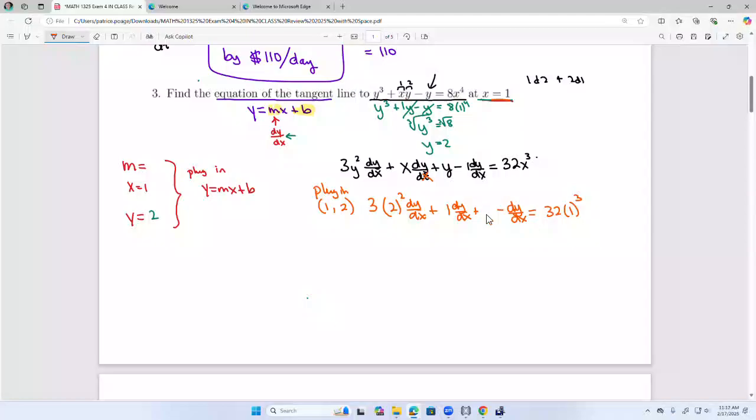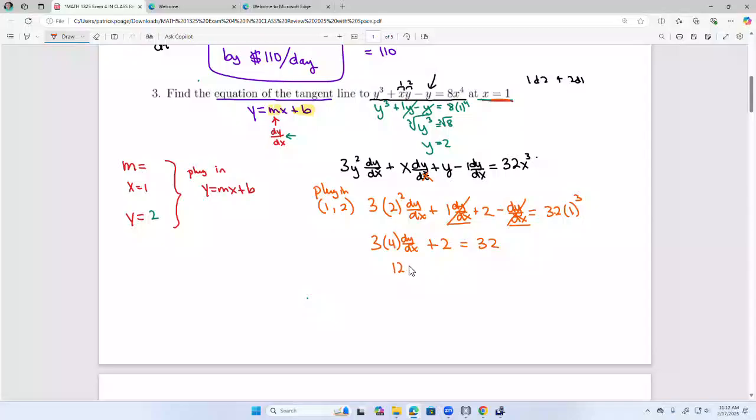I don't know why I put a plus y, because I could have put a plus 2. So I put in x equals 1 and y equals 2 everywhere. Now I have 3 times 4 dy dx, and looking ahead, I have plus 1 dy dx minus 1 dy dx, so those cancel. Plus 2 equals 32 times 1 cubed, which is just 32.